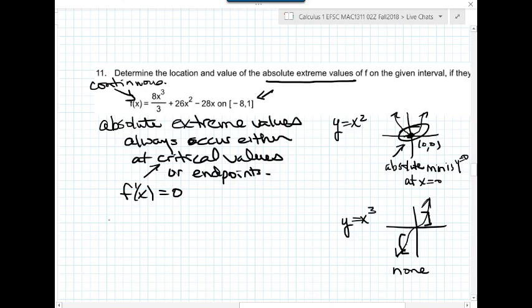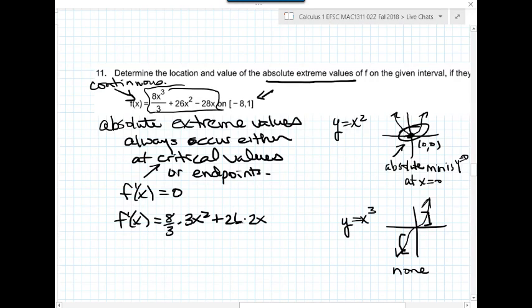So what I'm saying is that the absolute extreme values always occur either at critical values, which means values where the derivative is 0, or endpoints, as long as the function is continuous.